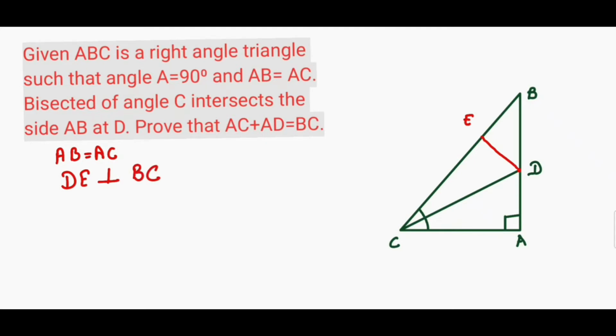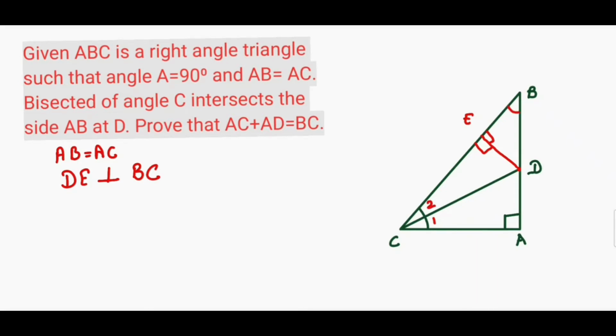So here this is 90 degree and this is also 90 degree because this is a perpendicular on BC. So I'll mark a few angles here. I'll take this as 1, this is 2, this angle I'll take as 3, this as 4.